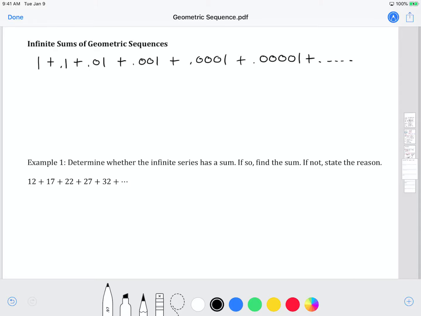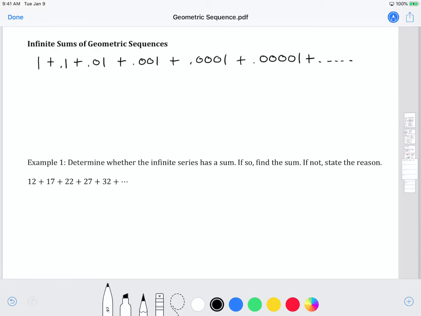These terms, as I go on, are going to get smaller and smaller. So at some point, maybe when we get to a100 or maybe a200, these terms are going to get so small that it's going to be so insignificant. And then what happens is they're so small we count them as 0, and then we add all the terms before that.